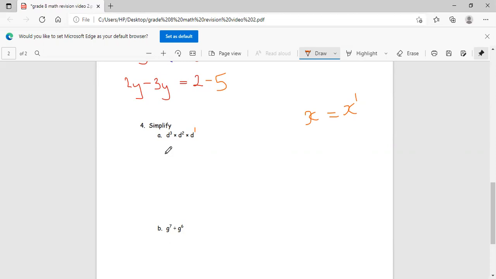So my final answer will be D power 3 plus 2 plus 1. I'm able to do this because they have the same base D. That's why I write 1 here. And they are multiplied together, that's why I add them. And this is going to give me D power 6. And that is all.